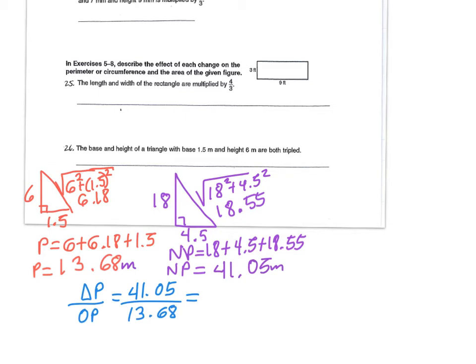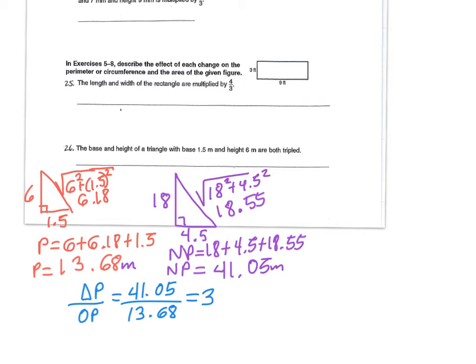When you divide those two numbers, that gives you 3.0007, so it's a 3. How did it happen that you have 0, 0, 0, 0, 0, and then 7? Well, because when you round it to the hundredths place, that would be 3.